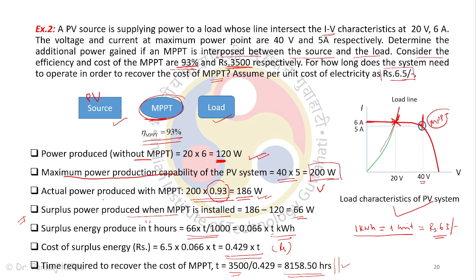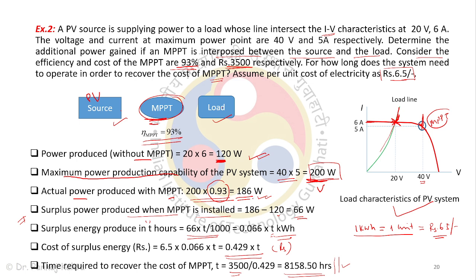But what is the actual power produced with the MPPT? That will be equal to this 200 value into the efficiency of this MPPT. This maximum power point value into the efficiency of this MPPT is the actual power produced.